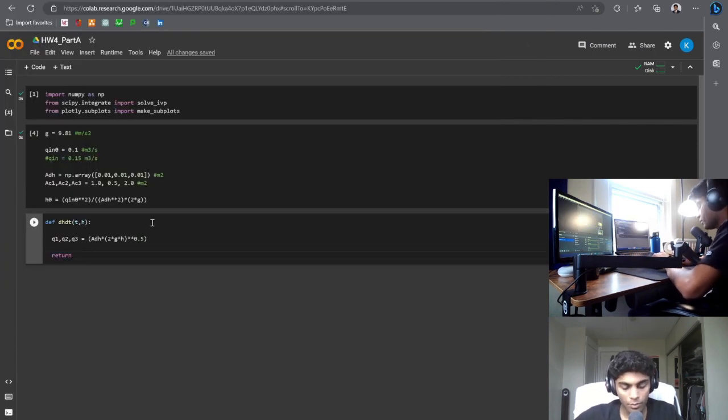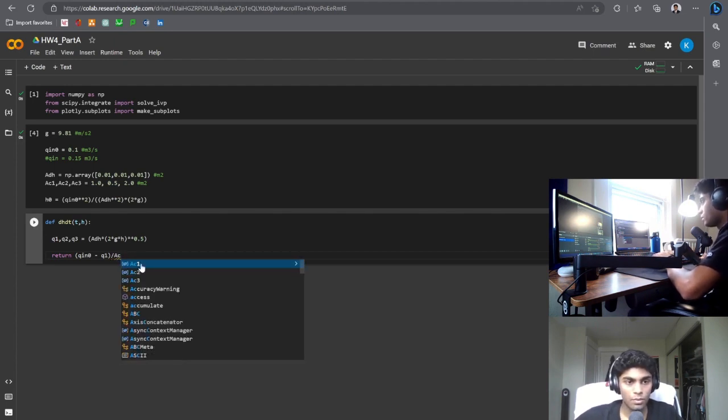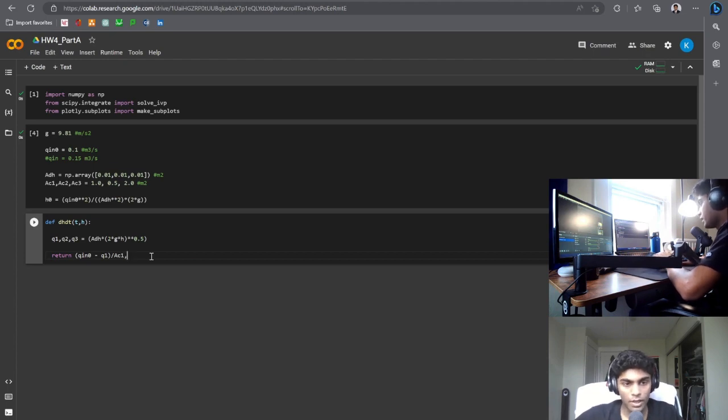So what we can end up doing here is we'll go Qn minus Q1 over AC1, and then we'll do the same thing for the second hole, and we're going to go Q1 minus Q2 over AC2, and then just to make this easier on us, switch these around, make this the third cross-sectional area, Q2 minus Q3.